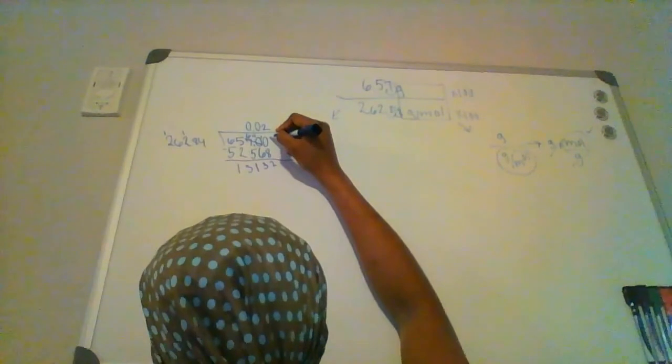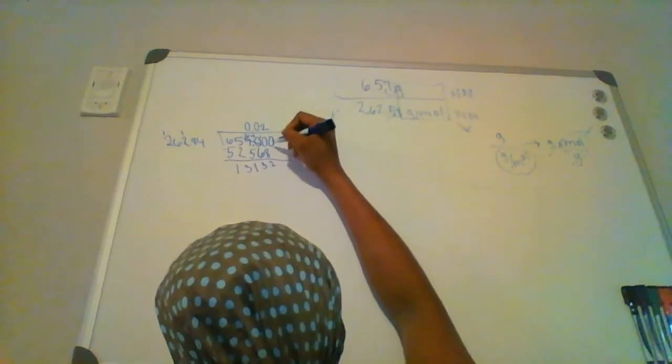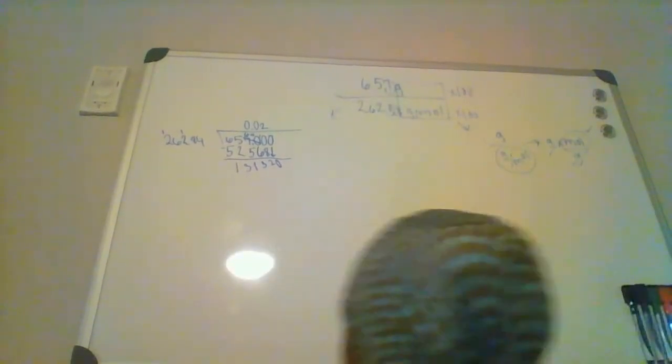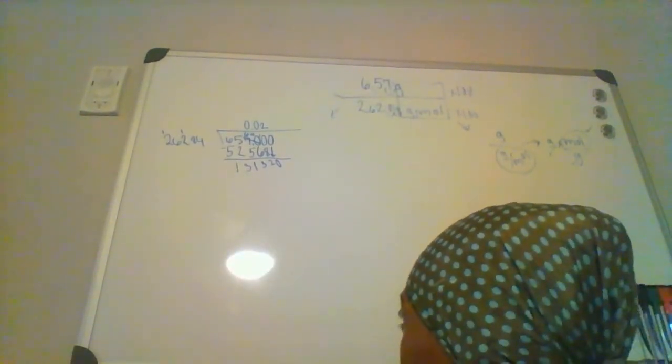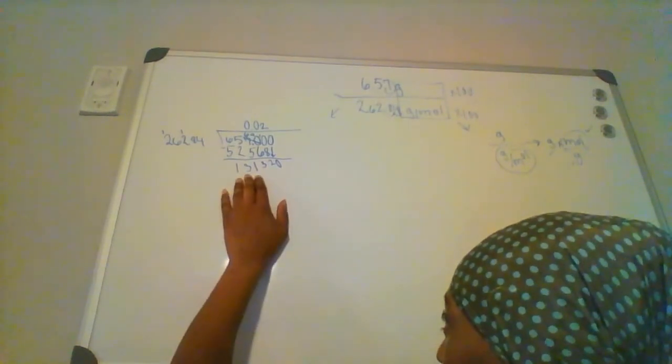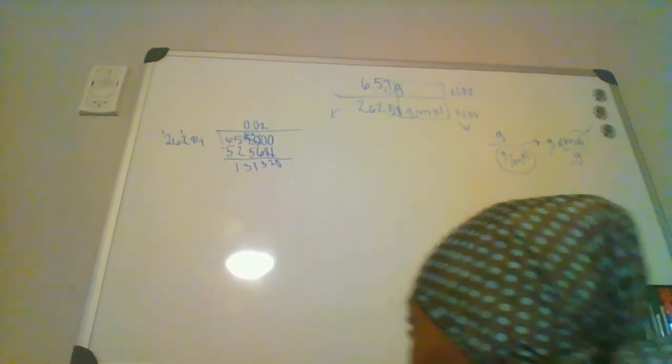Let's try to expand this one more time. Bring the 0 down. Alright. So how many times would 26,284 go into 131,320?